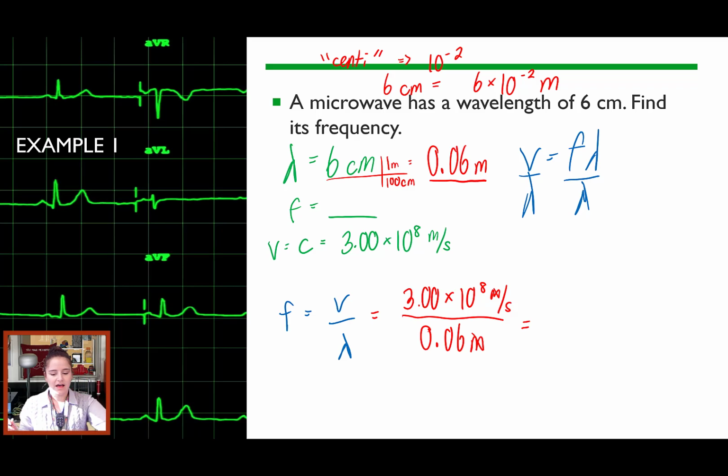Meters and meters cancel off, and plugging it into your calculator, using that EE button, 3 times 10 to the 8th divided by 0.06, I get 5 times 10 to the 9th per second. We remember that a per second is a hertz. So the frequency of that microwave would be 5 times 10 to the 9th hertz.